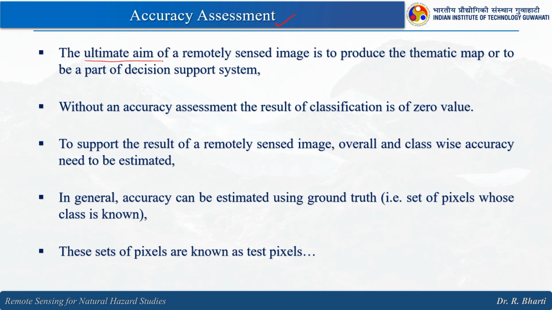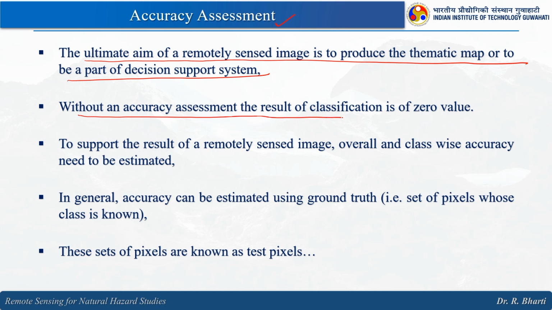The ultimate aim of a remotely sensed image is to produce the thematic map or to be a part of a decision support system. Without an accuracy assessment, the result of classification is of 0 value. To support the result of a remotely sensed image, overall and class wise accuracy needs to be estimated.